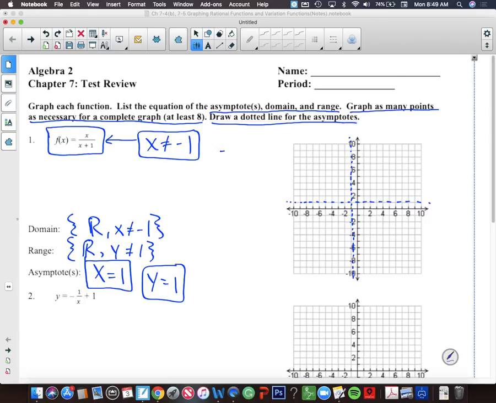Okay, from there, it's just simply an xy chart. So you put this in your calculator. Remember, if I'm putting numbers in my calculator, I need to put the top of this thing in parentheses and the bottom in its own set of parentheses to make sure that I get the correct values. And then you're putting your numbers in for x there. All right, so I have these numbers.